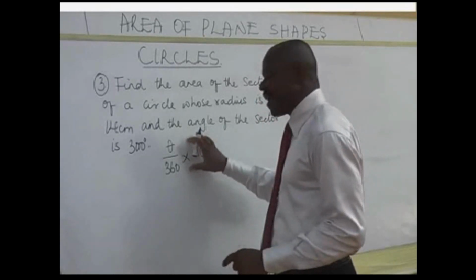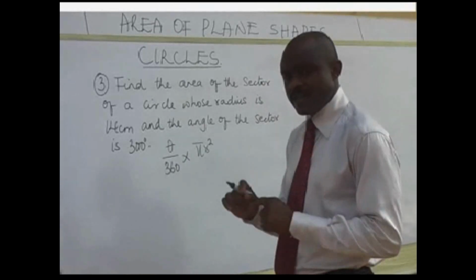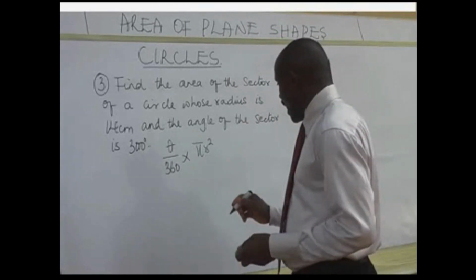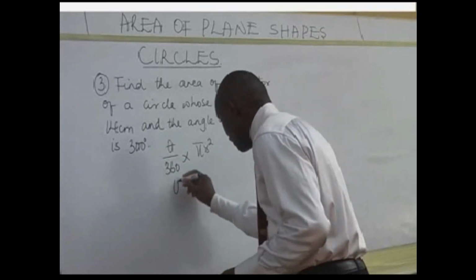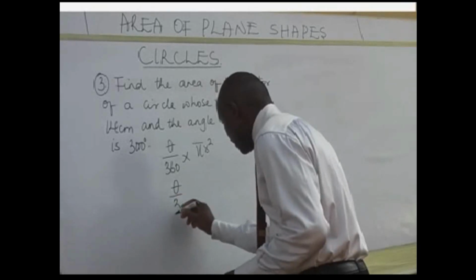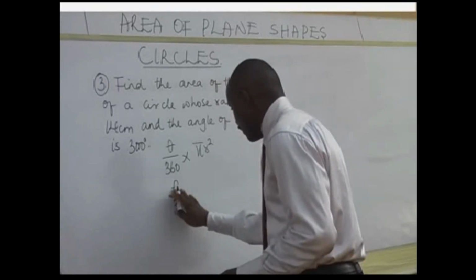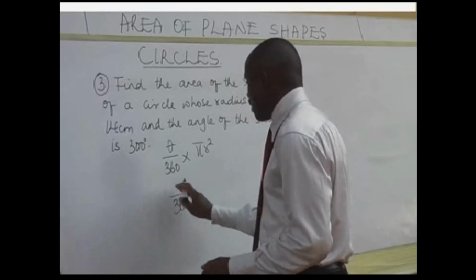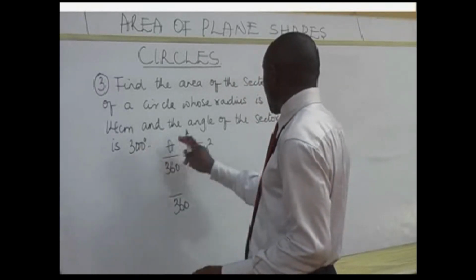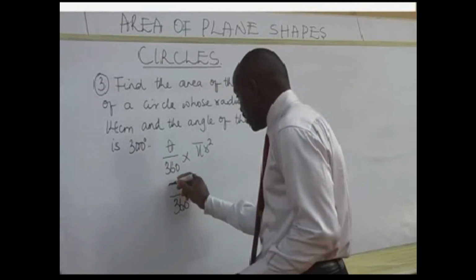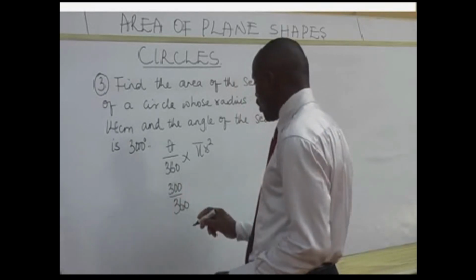That is the formula for finding the area of the sector of a circle. Now theta has been given a value. They say that the angle of the sector is 300. That means instead of theta, let's use 300 here.